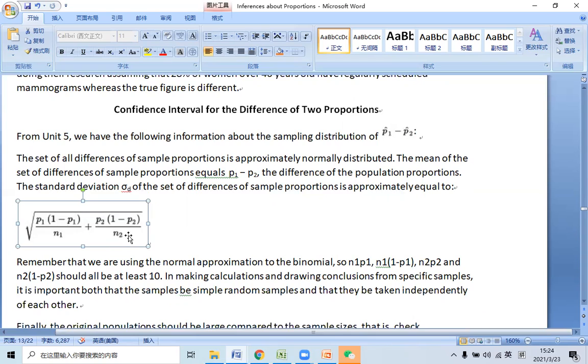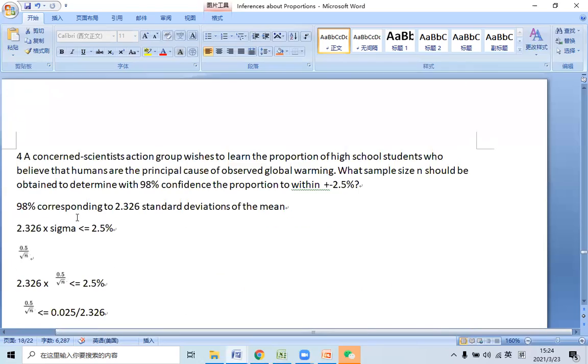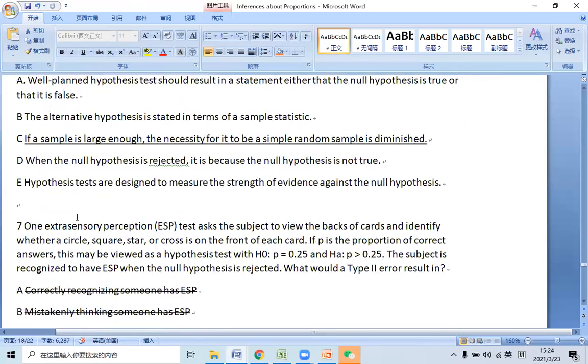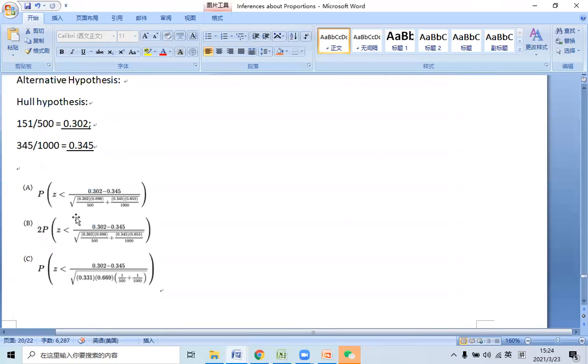Sample 2 are those 1,000 people from Latin America. We already got the proportions. So let's look at the questions. These are the two proportions.